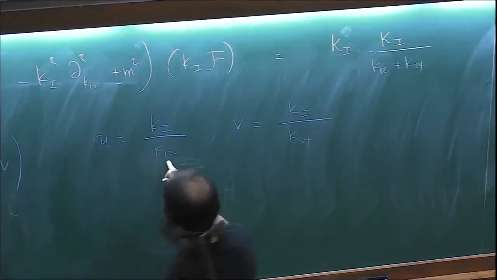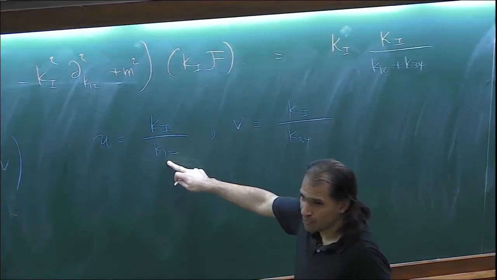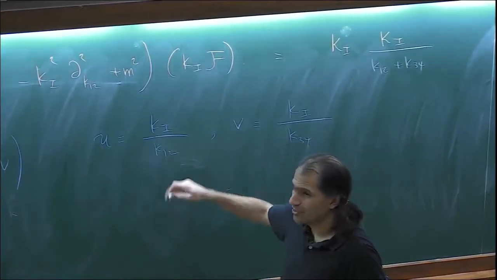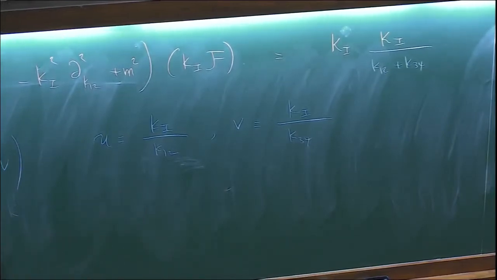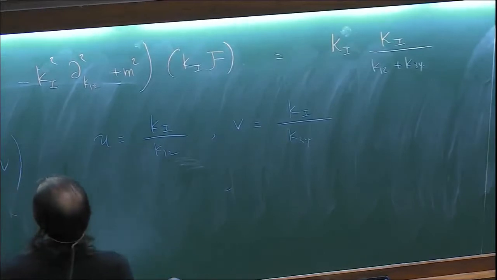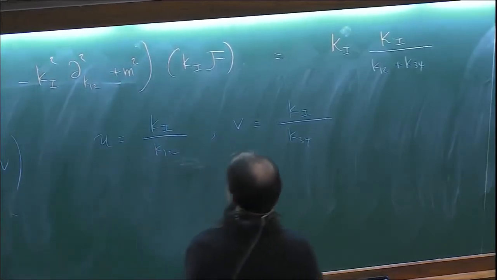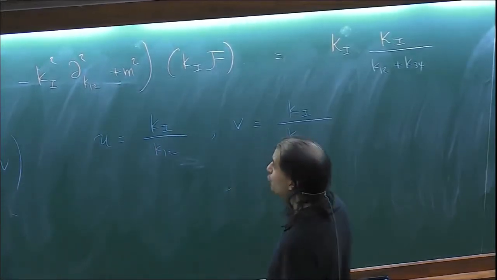Why am I inverting it? Because if you remember from the first lecture, we're interested in these squeeze limits, where two of the sides become very long and one is short. I want that limit to correspond to u going to 0 and v going to 0 rather than infinity. It'll just make it a little easier. So if we do that, this differential operator turns into some differential operator in just u.